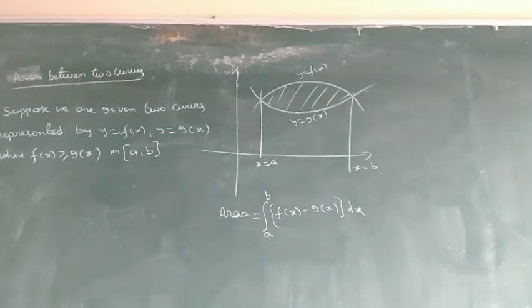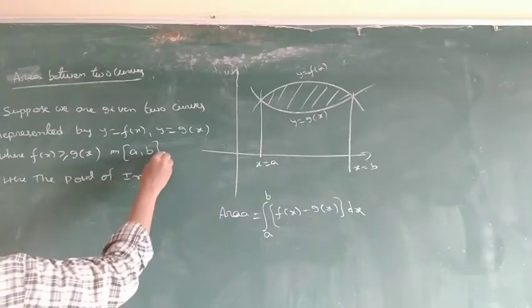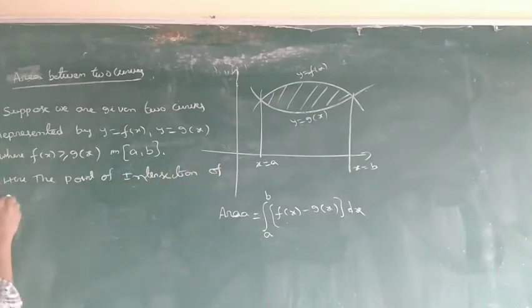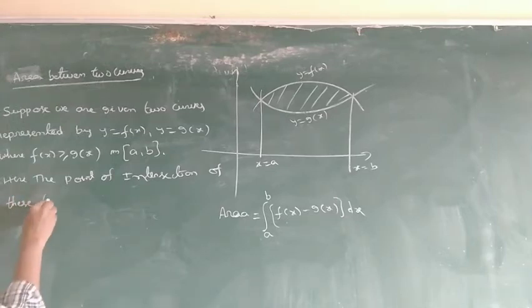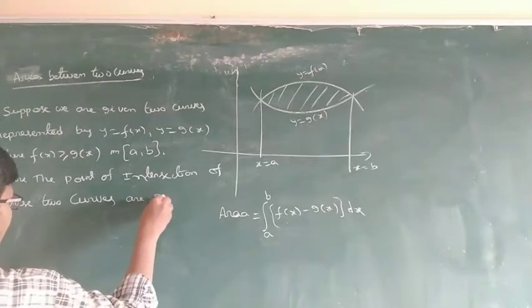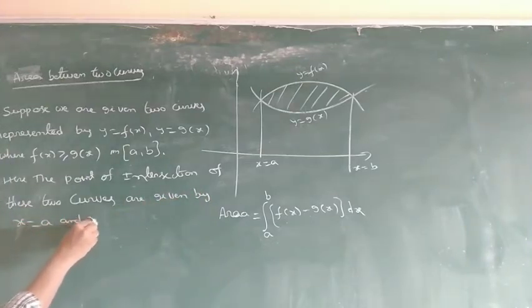Here the points of intersection of these two curves are given by x is equal to a and x is equal to b, obtained by taking common values.